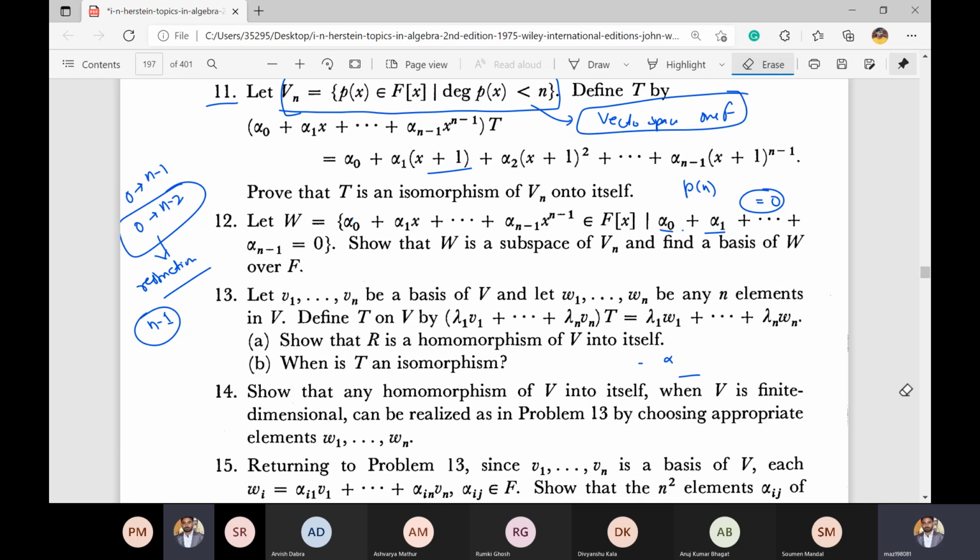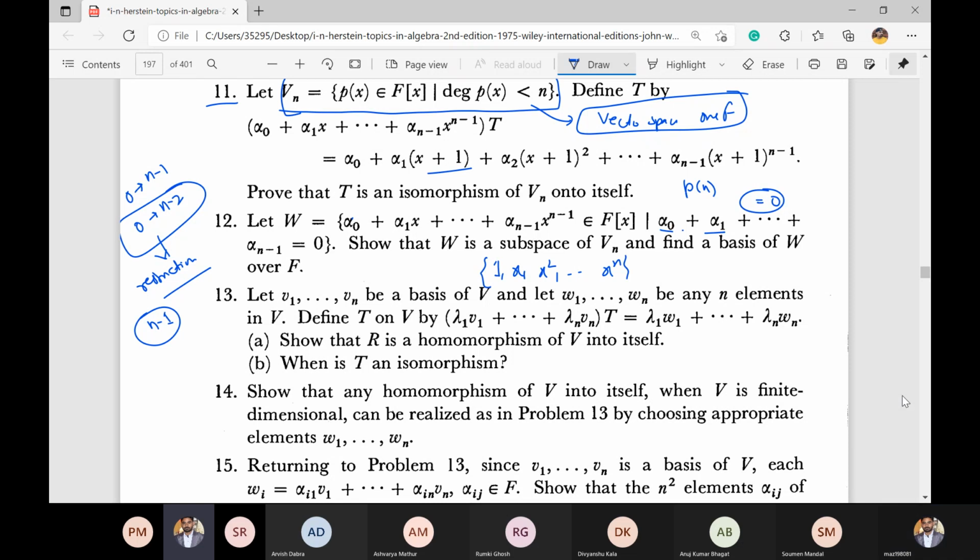Now to get a basis exactly, how can we get this? We know one basis is x square up to x power n, a basis for this one without any condition. Now we are putting some condition on this. We can find one basis directly, but it is not sufficient.